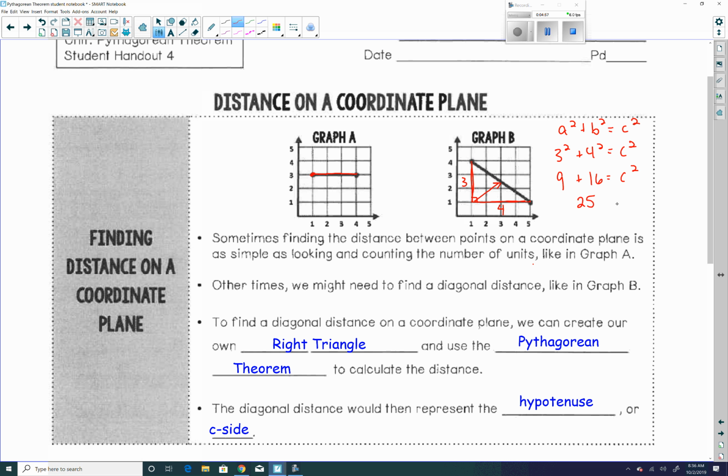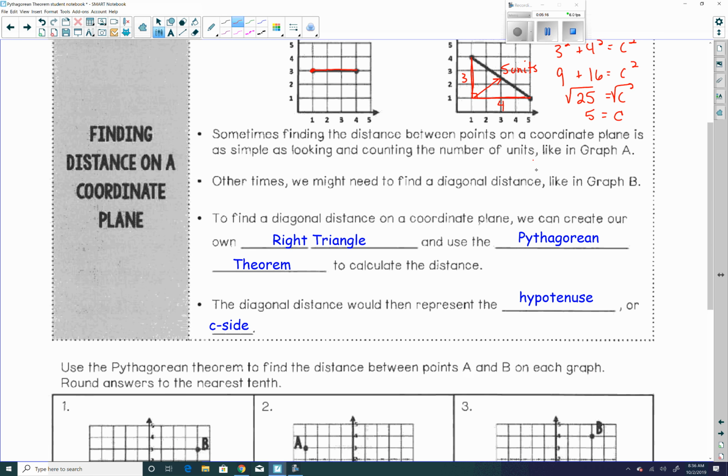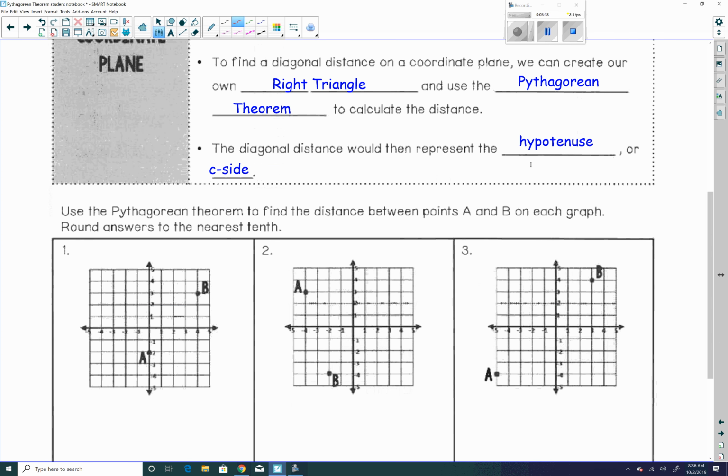Take the square root of both sides, and c is going to equal 5. So this diagonal distance here is going to be 5 units. And that is how I will use the Pythagorean theorem to help me figure out the length of a diagonal in a coordinate plane. Let's move on to some examples here.